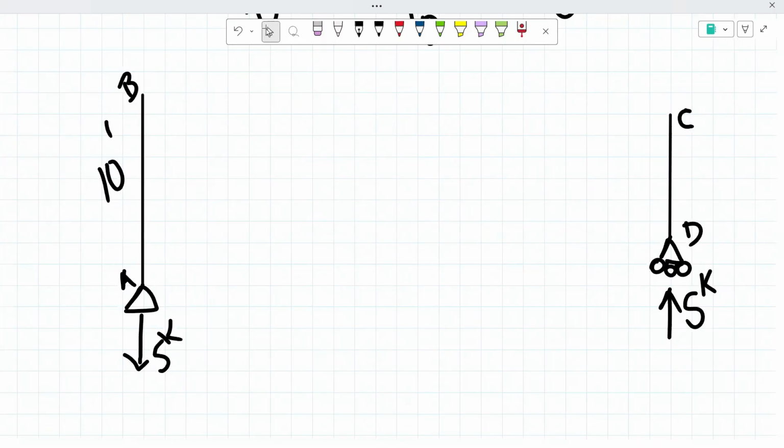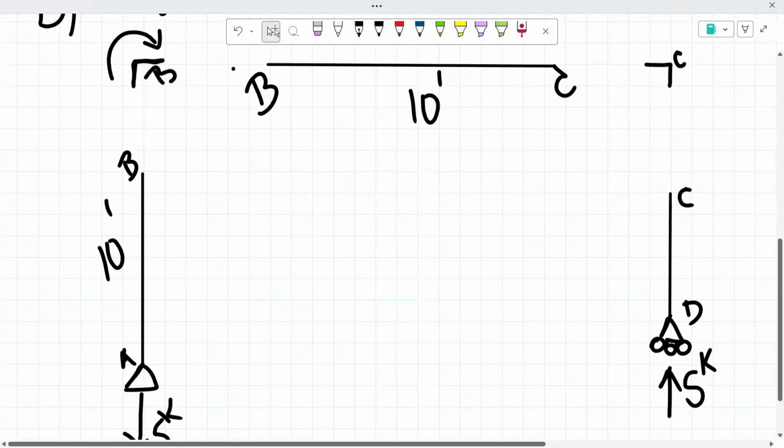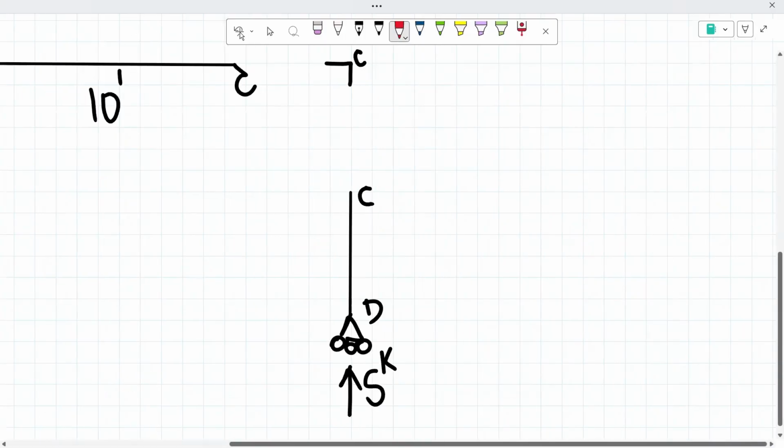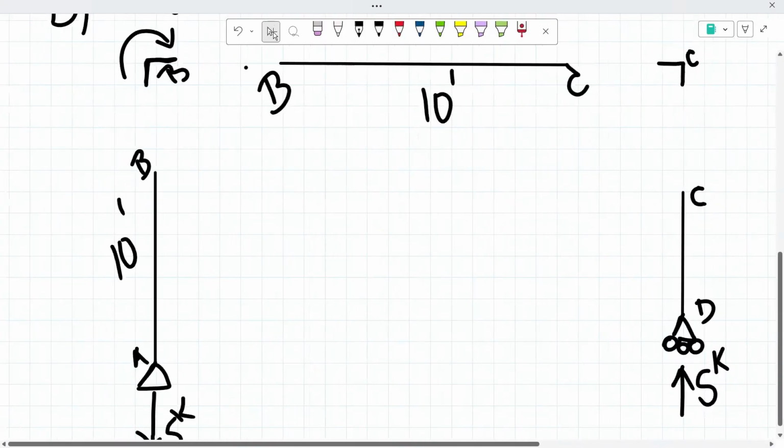As you can see here, we have five kips going downwards. And when you're solving for member end forces, the point is you want everything to be balanced out. So if we have five kips going downwards, that means here we have five kips going upwards. Let's make that a bit more visible.